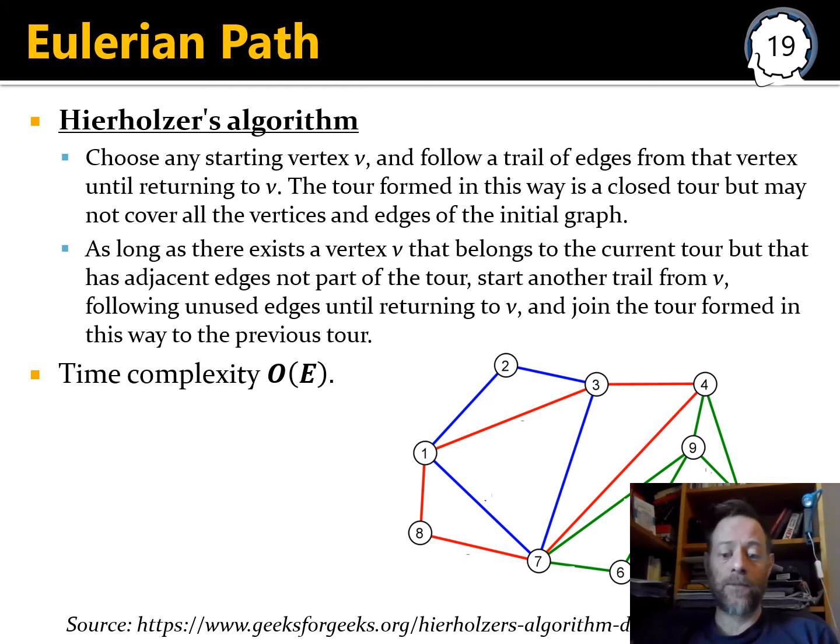Now we're done. We just add all these together, and then we have found the Eulerian path. Of course, the time complexity is clearly order E, because we will visit every edge exactly once. So that is the solution to Lab 2.9.